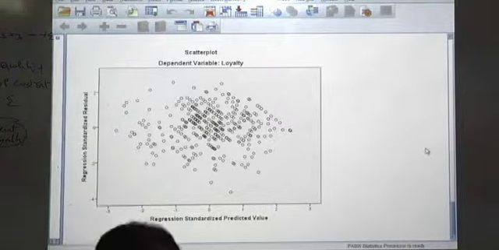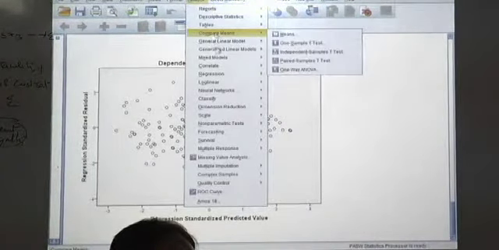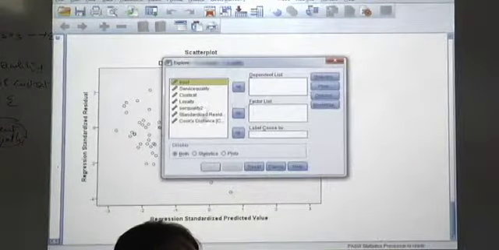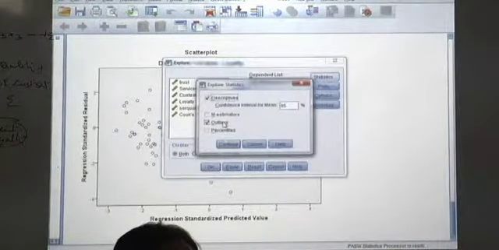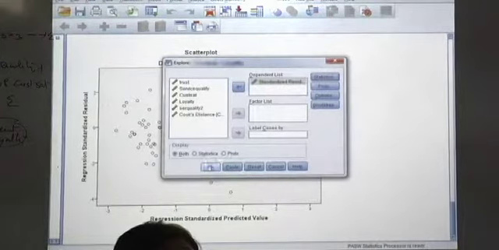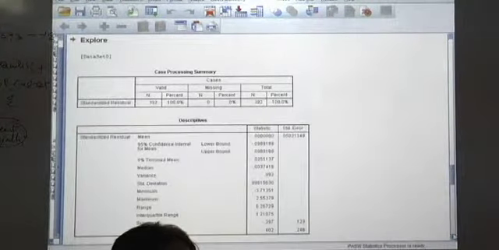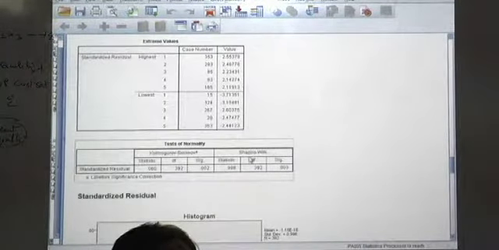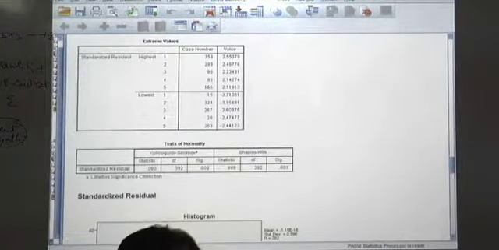Now if you want to test for normality, go to descriptive, explore, standardized residuals, dependent variable, statistics, outliers, and it is selected. The values are .002, .003. It is still not normal.